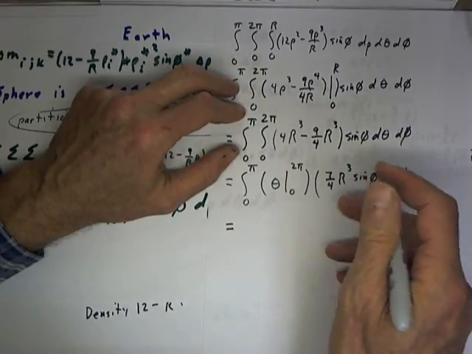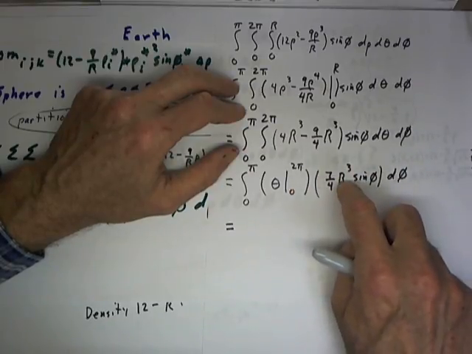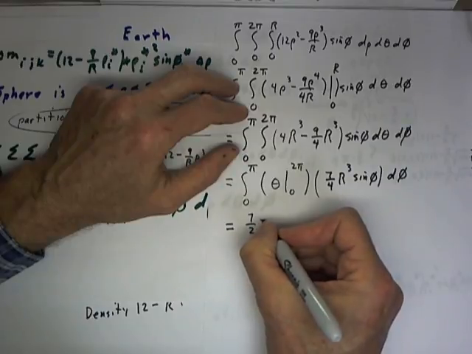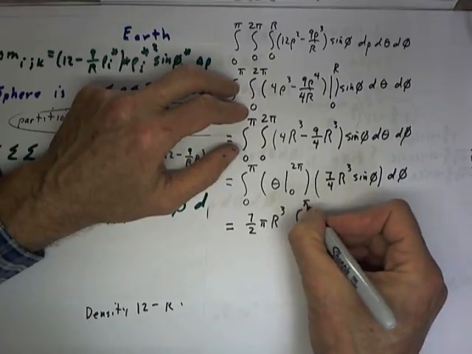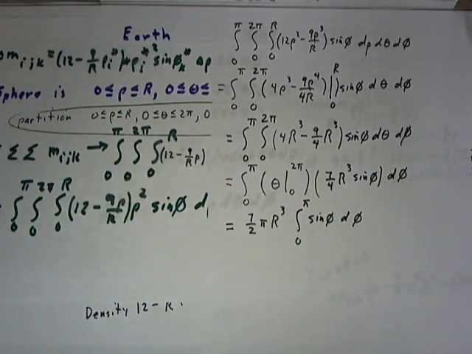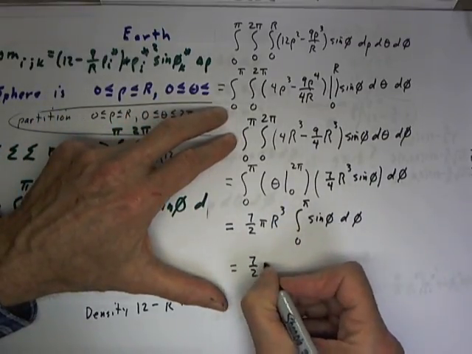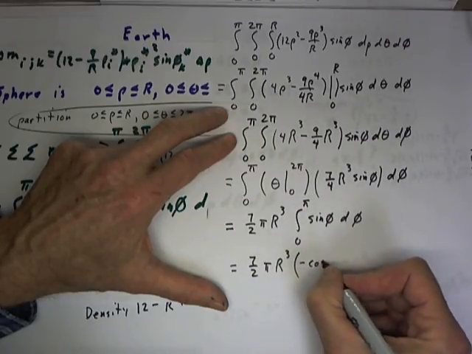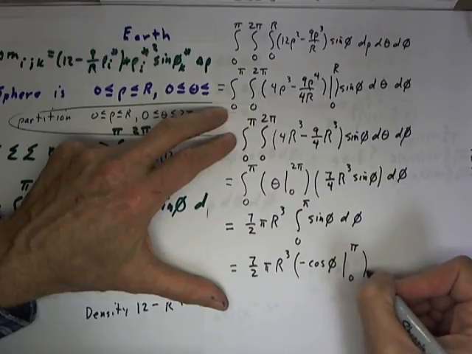And what we end up with then, I'm going to go ahead and multiply 2 pi by the 7/4 R cubed, all of which is then constant, can come out in front of the integral, and we get 7/2 pi times big R cubed times the integral from 0 to pi of sine phi d phi. This is equal then to 7/2 pi R cubed times the antiderivative of sine phi, which is negative cosine phi, evaluated between pi and 0.